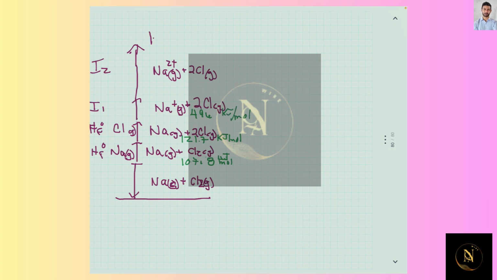And where a huge difference is going to come from is our second ionization energy, because our second ionization energy for sodium is 4,562 kilojoules per mole. Of course, that's because sodium has a stable octet after the loss of one electron.